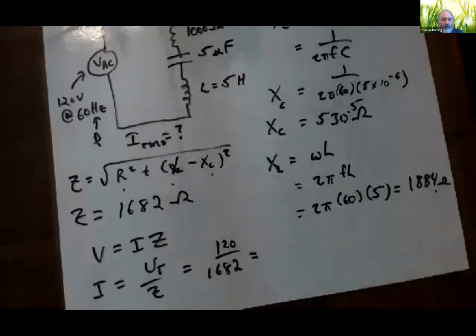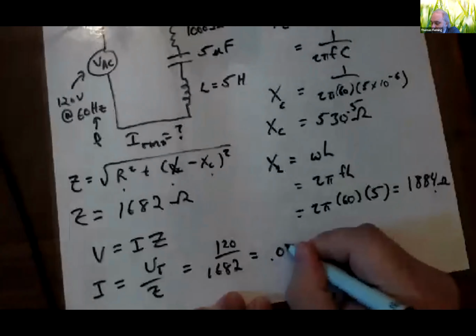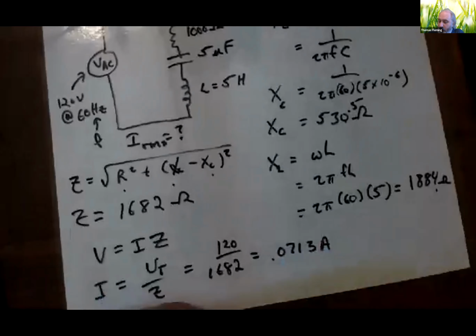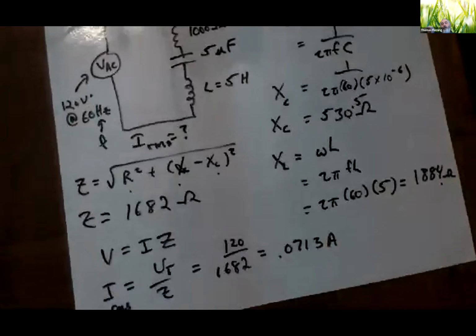And I get 0.0713 amps. This is my RMS current because I used my RMS voltage. It's the average voltage over time.